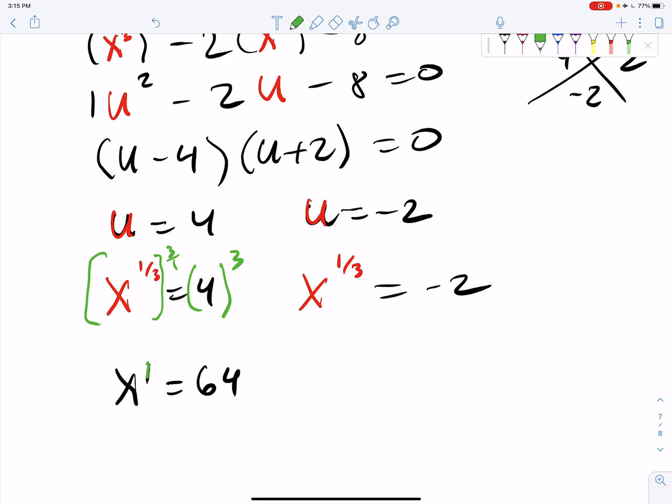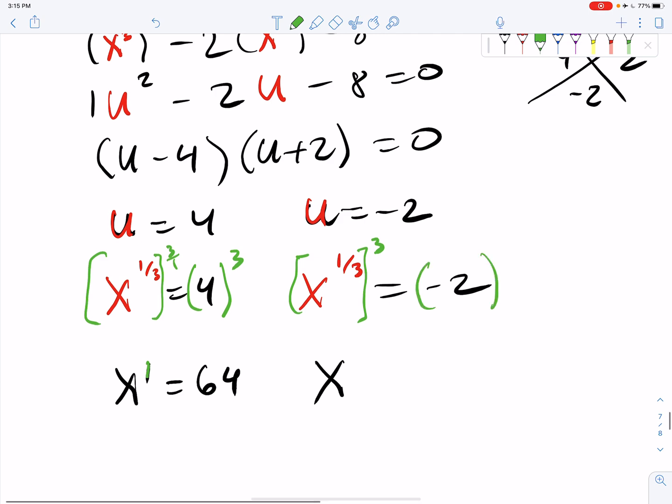Same logic on this guy over here. If my goal is to get x to the first power, why don't I raise it to the third, which is going to give me x to the first power. And then of course I've got to do both sides. And this gives me x equals -8.